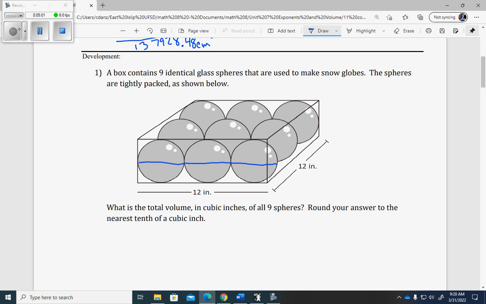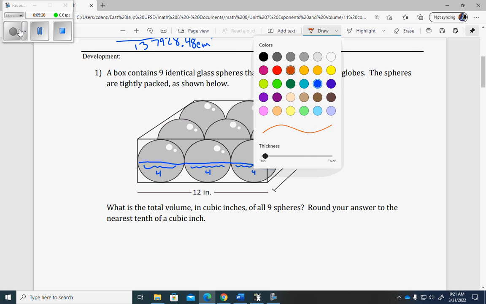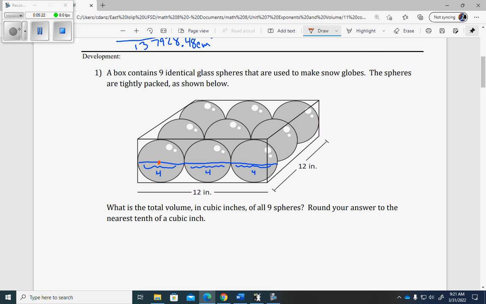So if it's 12 across, doesn't that mean that each sphere has a diameter of 4? Because 4 plus 4 plus 4 gives me my 12. Now that's a diameter. I really like to use radius. So from the center out would then be 2. So the radius of each sphere will be 2 inches.